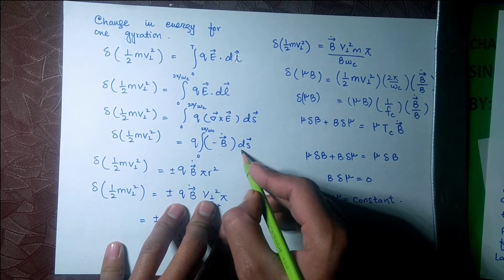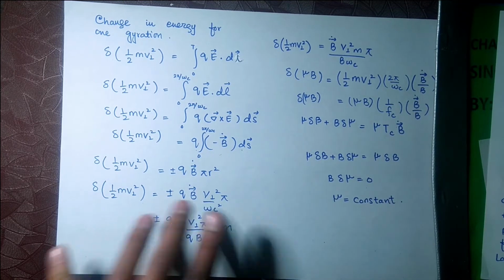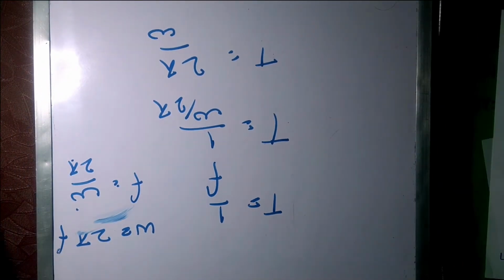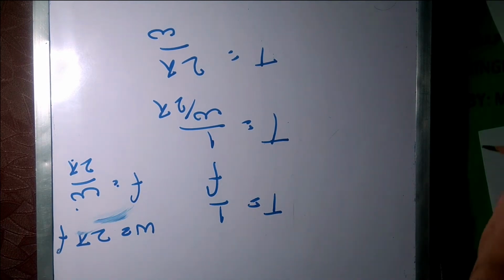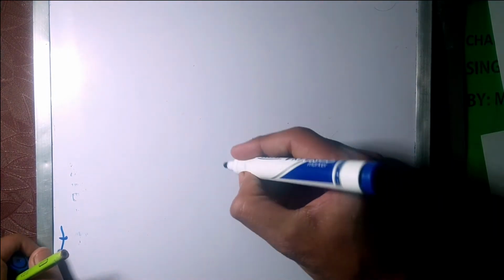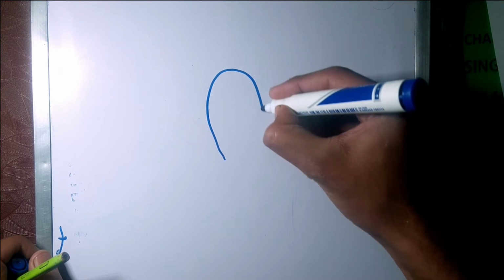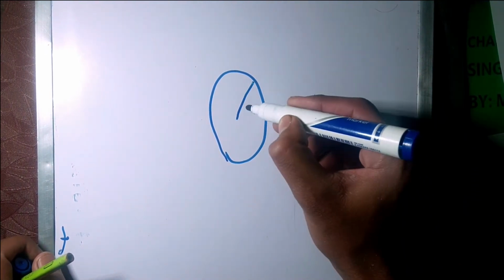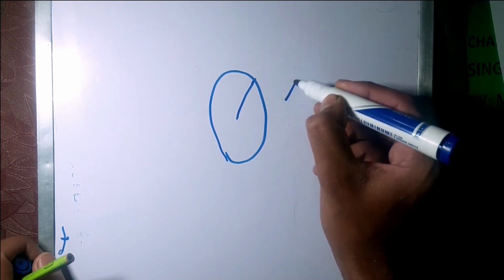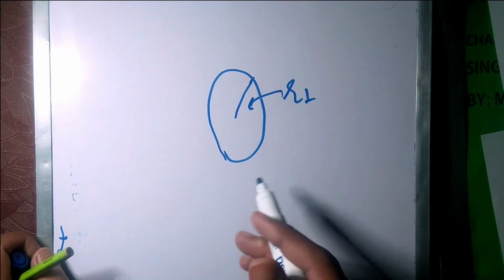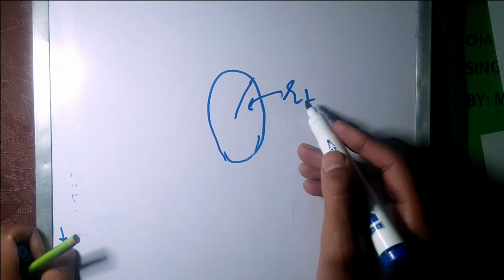This is a surface integral, and for one circular loop, this is the Larmor motion and this is the Larmor radius, r perpendicular.